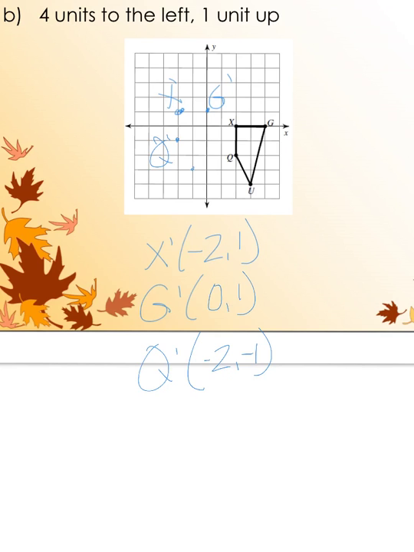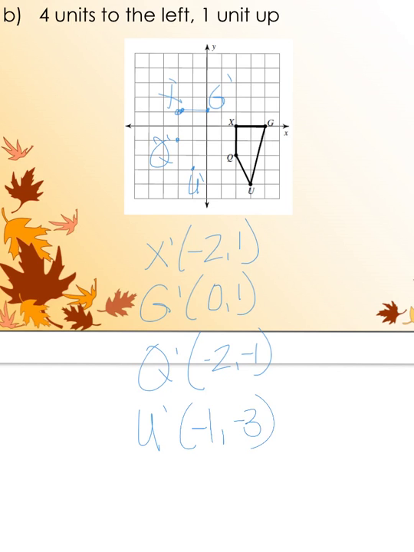Then go up your 1 unit. So U prime falls here. Checking the coordinate plane for that, or ordered pair, I'm sorry. So we go back 1, -1, and then down 1, 2, 3. So U prime is at -1, -3.